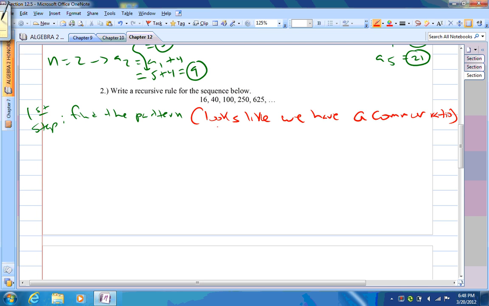But if you think about it, a2 divided by a1 is 40 over 16, which is 2.5, and a3 over a2 is 100 over 40, which is also 2.5, and it seems like we always get 2.5 if I divide consecutive terms.